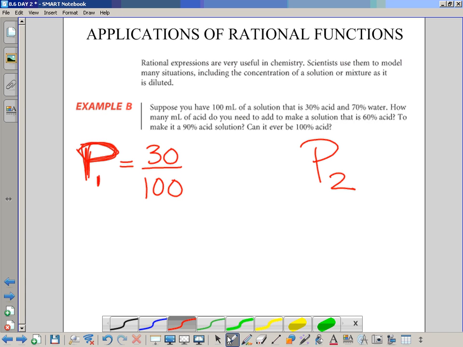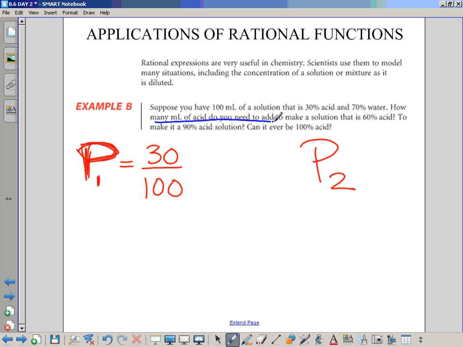The question is, how many milliliters of acid would you need to add? So milliliters of acid to add, let's call that our X, the amount of acid that we're adding to the solution. So the question is, how much acid would we add to the top to get this new percentage to be equal to 60%?